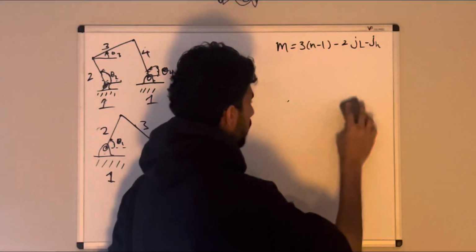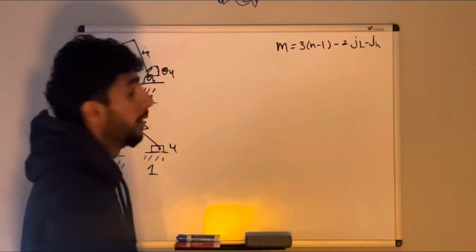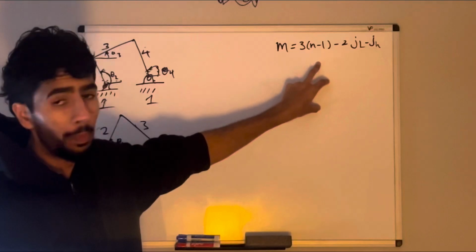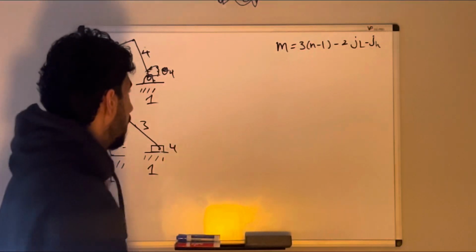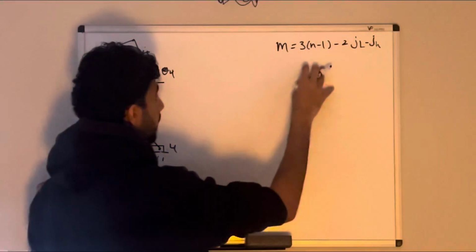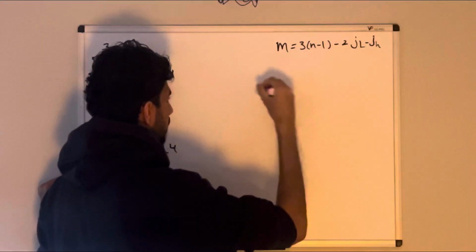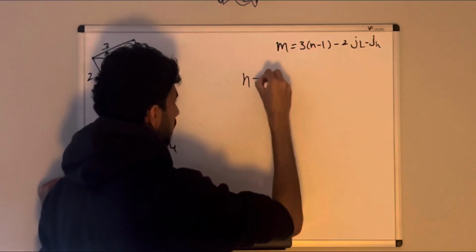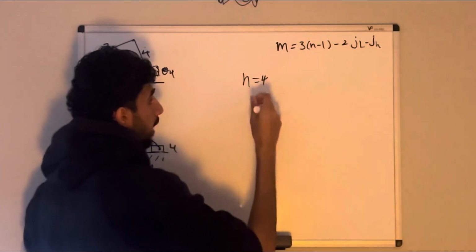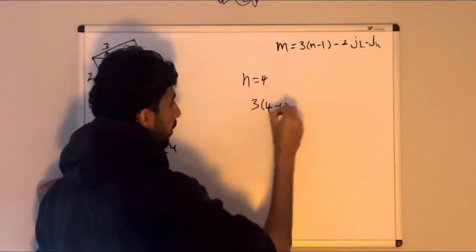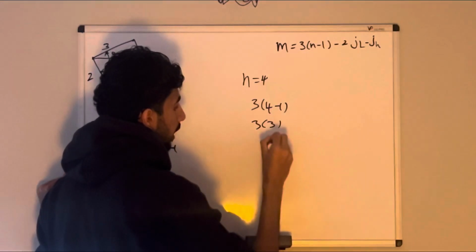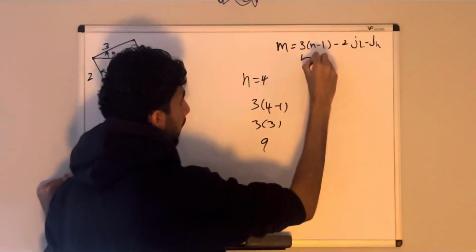This n right here represents the number of links in the mechanism we're investigating. For example, let's say we have a mechanism that has 4 links, so n is equal to 4. This part pertains to this, so 3 times 4 minus 1, 3 times 3, 9. So this first part will be 9, for example.